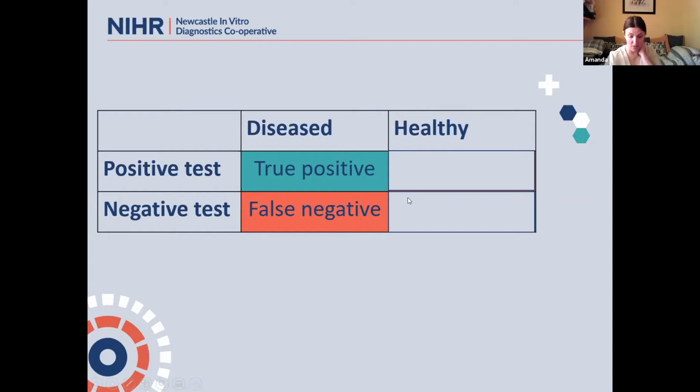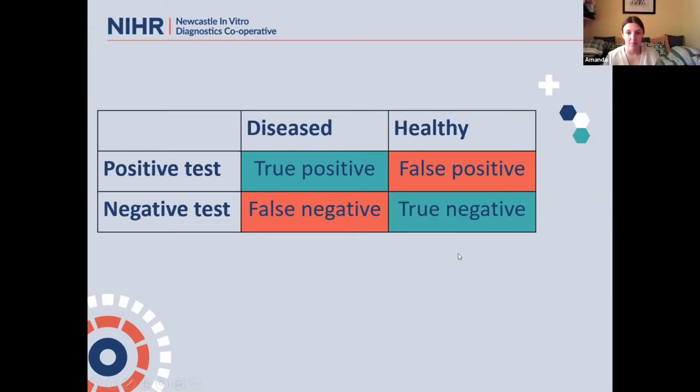The third possibility is the patient doesn't have the condition, but they have a positive test, which is a false positive. And the final possible outcome is that the patient is healthy and they have a negative test. So that's a true negative. You can see in that 2x2 table, of those 4 possible outcomes, 2 are correct and 2 are incorrect.